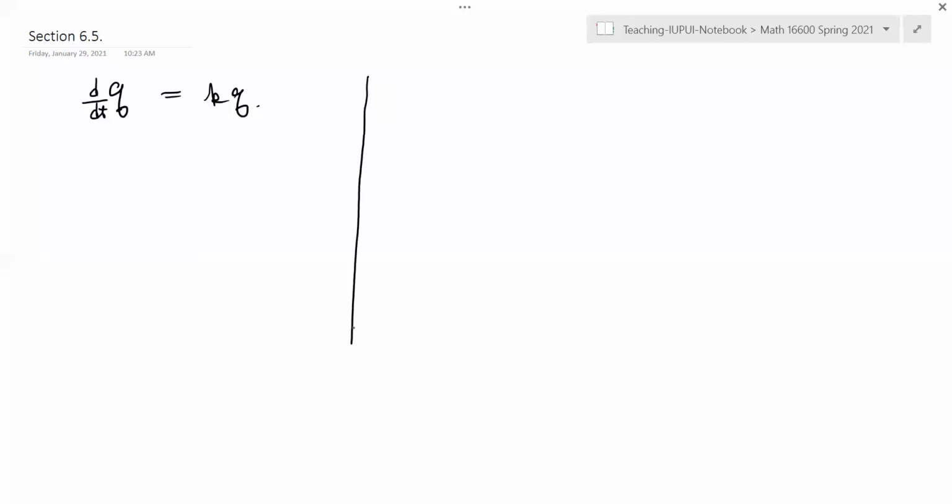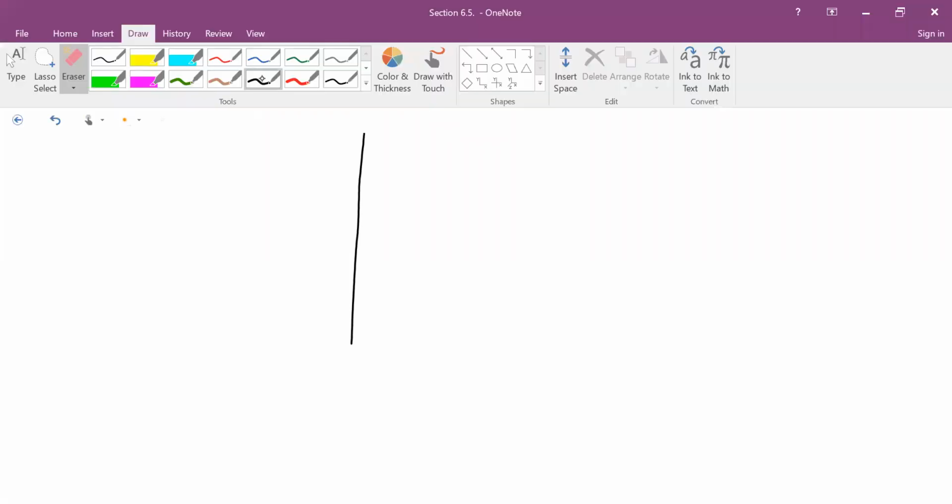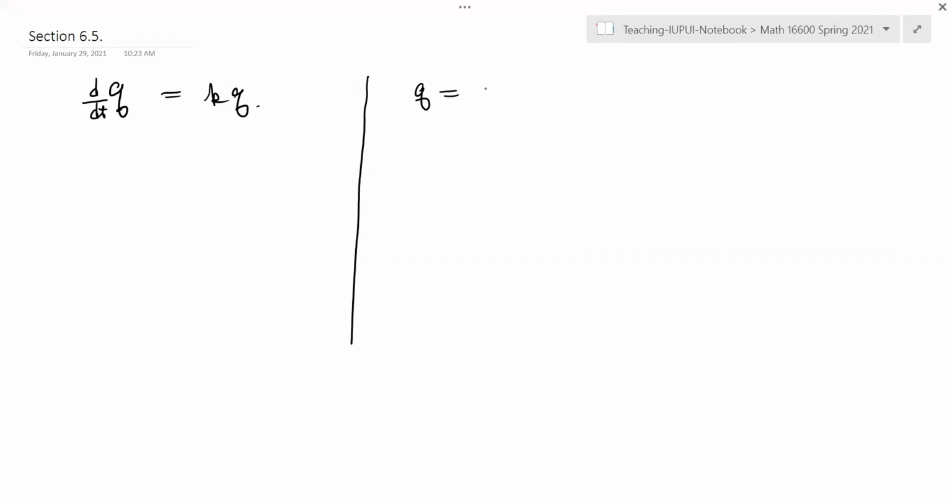Before we solve it, let's look at this. If Q equals some constant, let's say C, I'm using a different constant because I don't want to use this k, times a to the t. Then you differentiate, and the constant stays there, and a to the t times natural log of a.